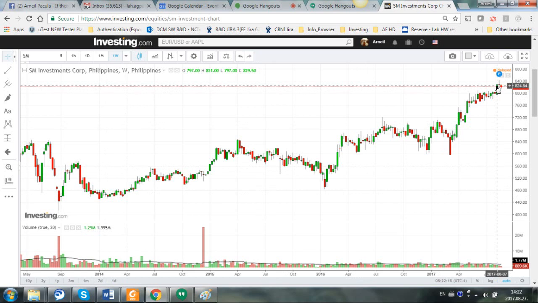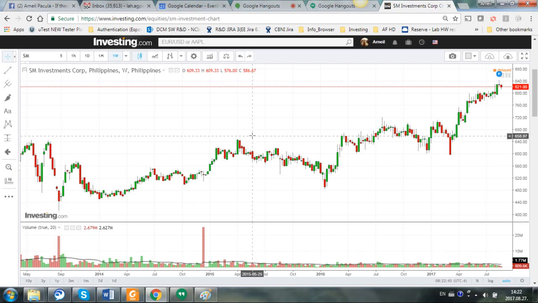So, it can only show that in stock market, if you invest in the longer term, and if you invest in a good company, proven and tested company, and we know that SM is really a good company, very strong brand, it will stay in the market for 10, 20 years, 30 years, 40 years later. That's a good company for long term.